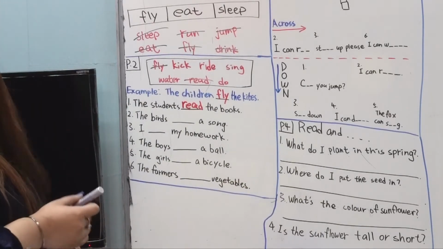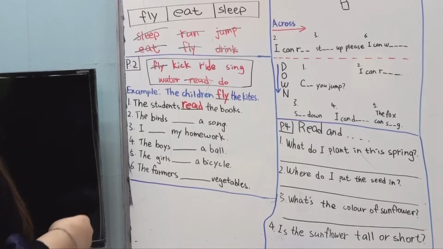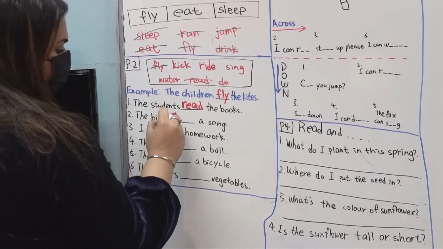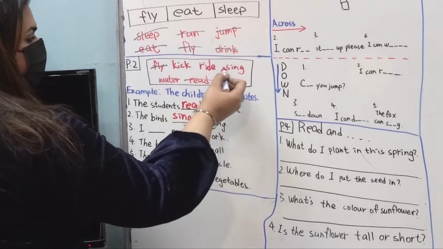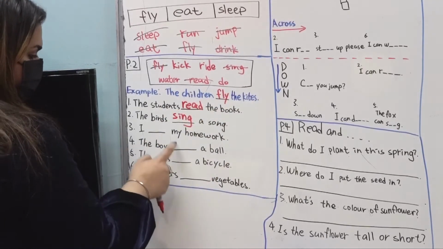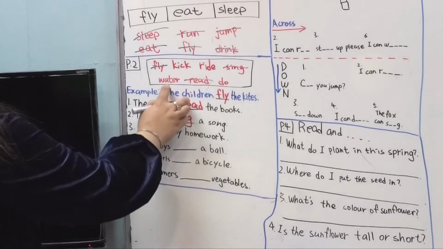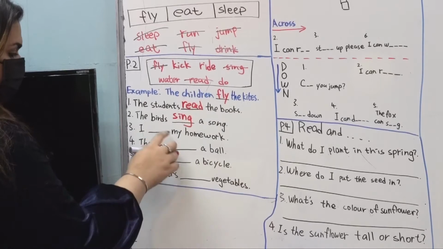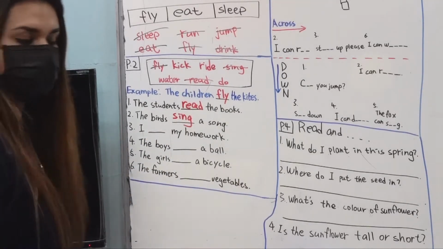The birds sing a song. Okay? The action is sing. So we have 4 more left, right? So choose the suitable action verb and fill in the blanks. I'll give you 2 minutes, okay? Your 2 minutes starts now.